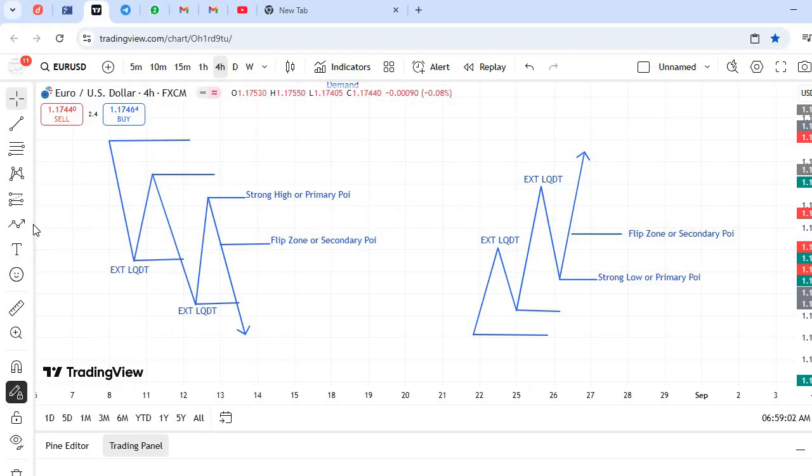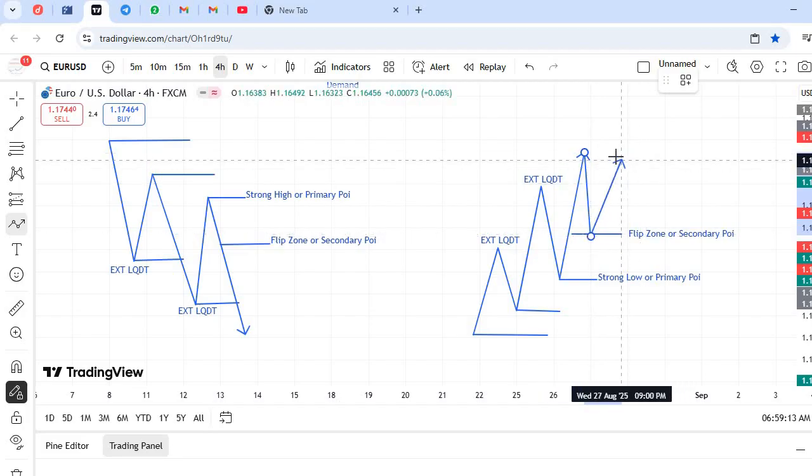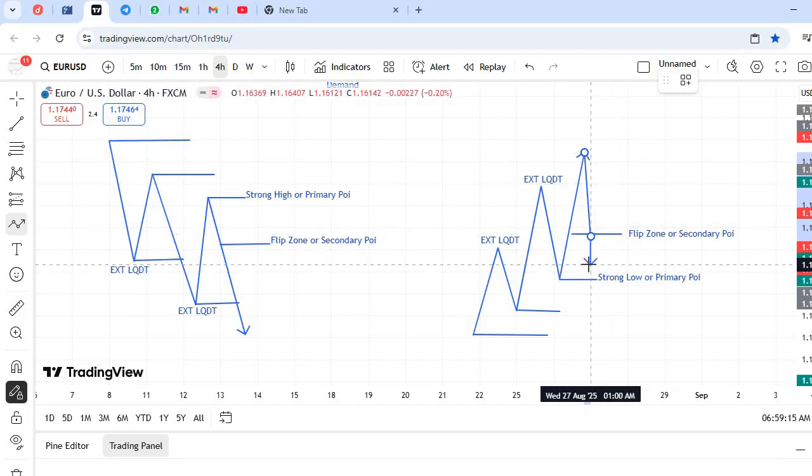Then if we have something like this, imagine we had a pullback. A pullback is supposed to get here, either to this flip zone and move, or to this strong zone, strong low, and move.